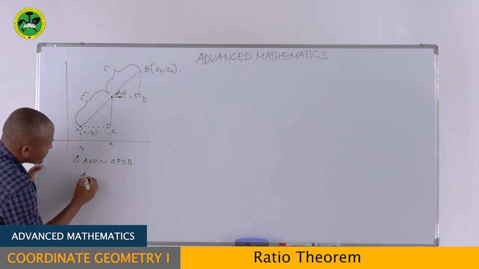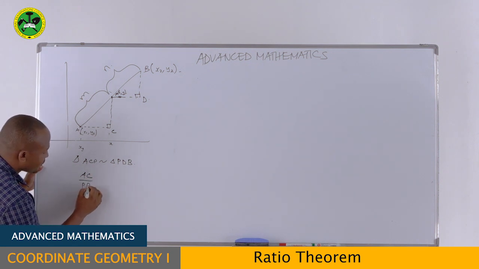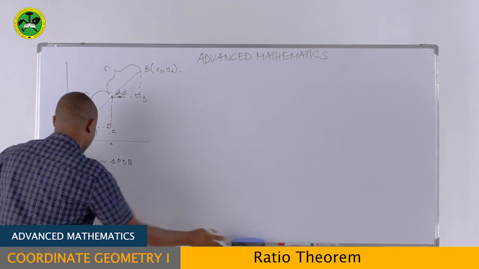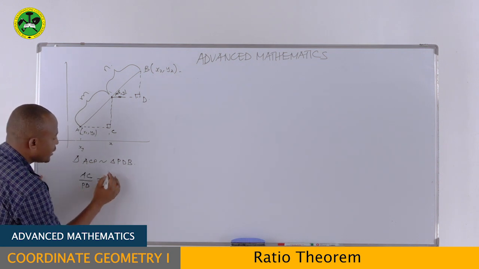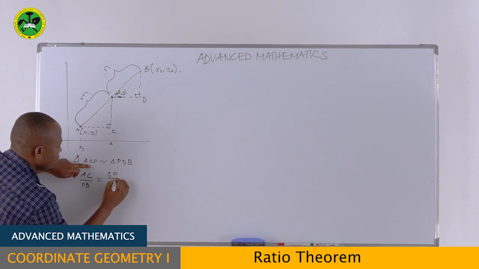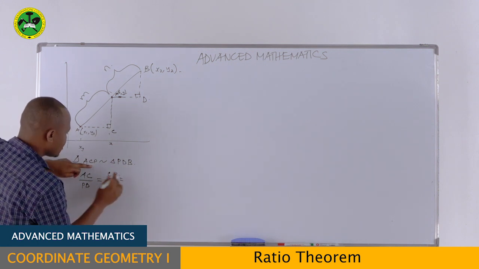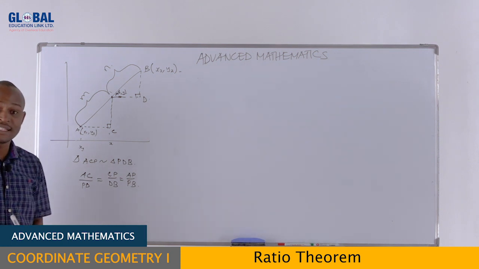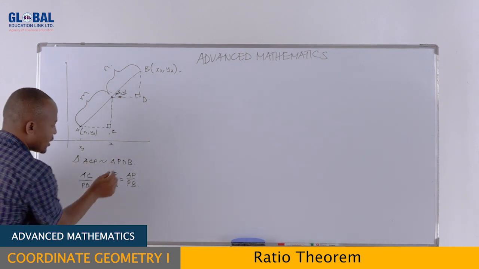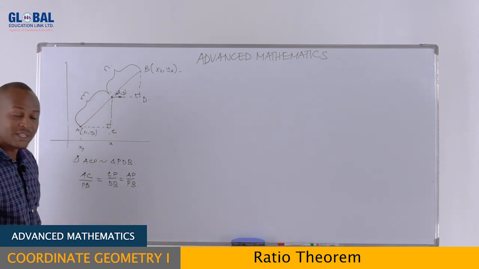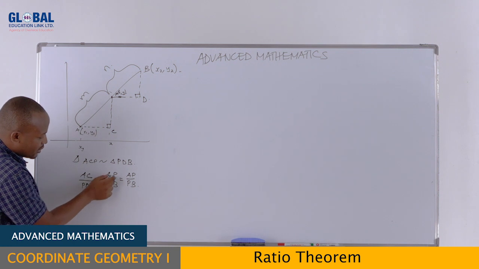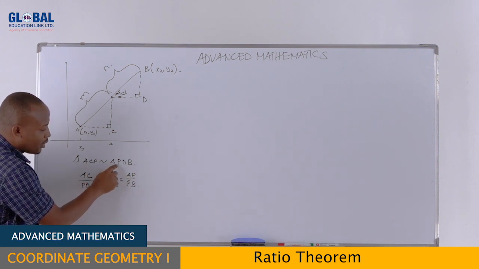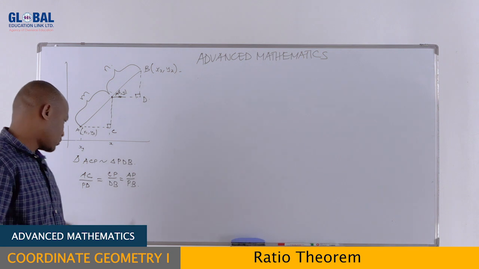So we can have, let's say, AC divided by PD is equal to CP over DB, and is equal to AP over PB. That's how it looks.